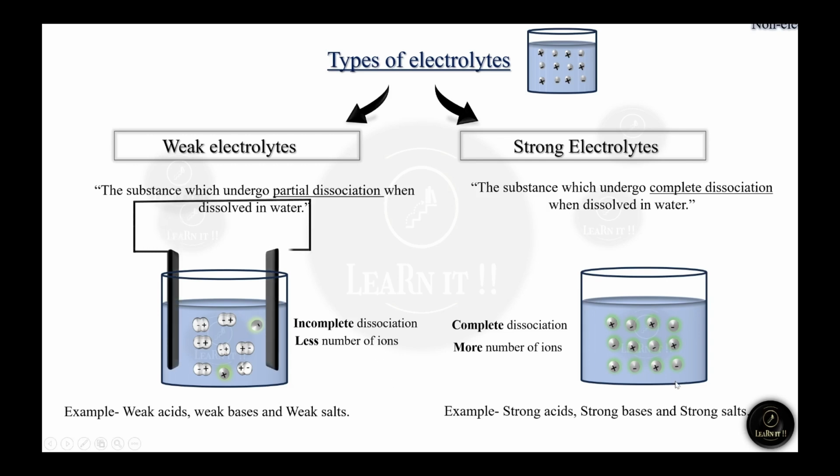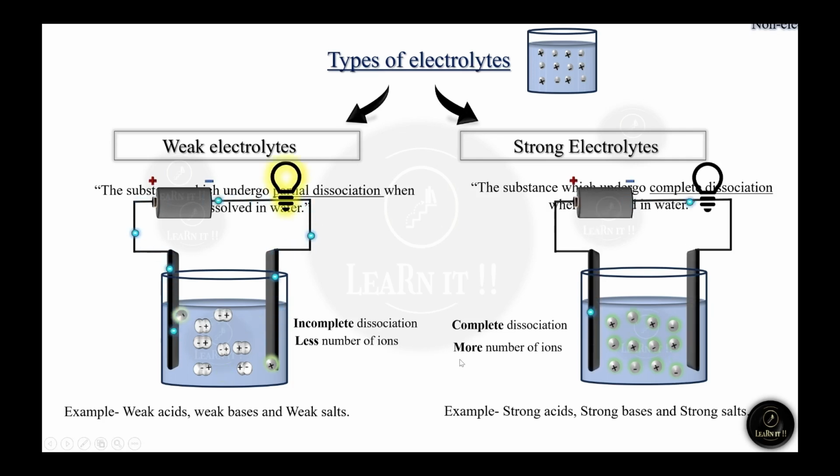So when we pass electricity through weak and strong electrolytes, because of more ions, the glow in the bulb is more for strong electrolytes, because only a few ions are present in weak electrolytes. That's why the conductance of a strong electrolyte is more.